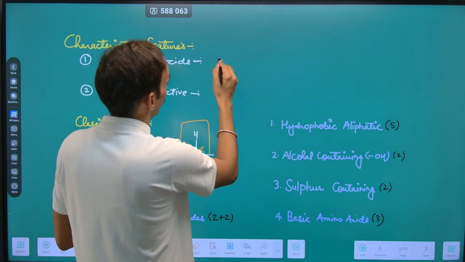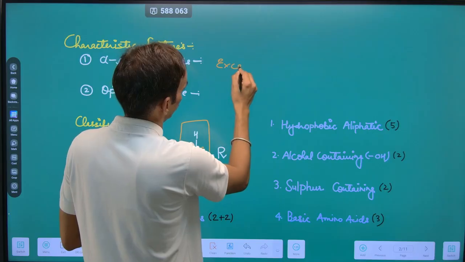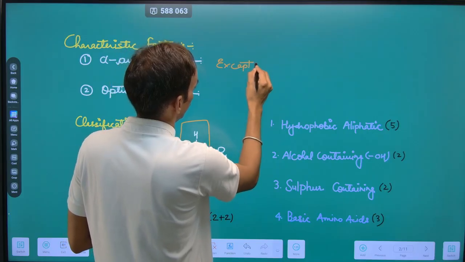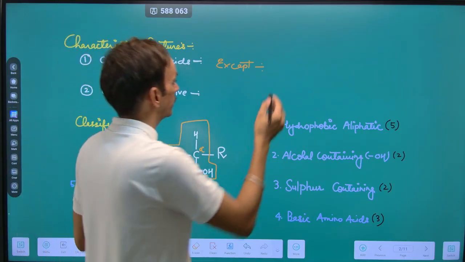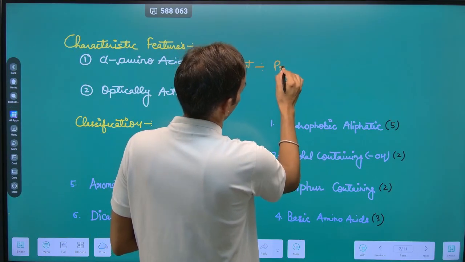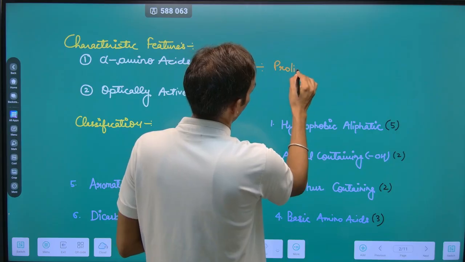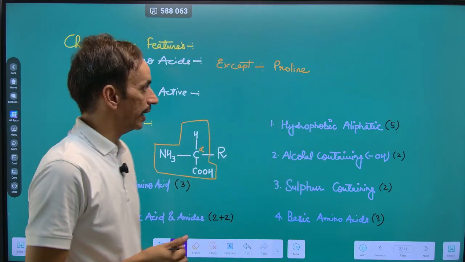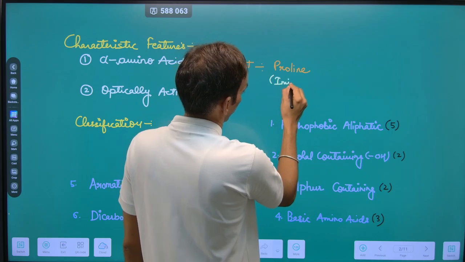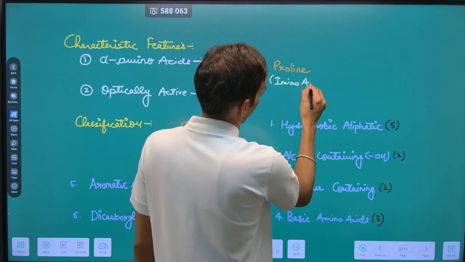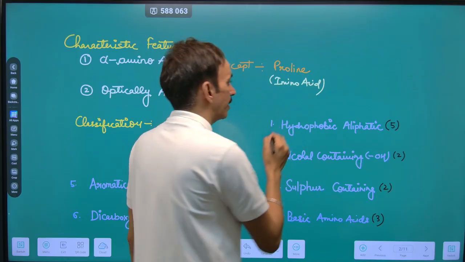Except, there is an exception, or we can say in biological systems exceptions are always there. The exception is an amino acid known as proline. Proline is an imino acid. Why is it called an imino acid?